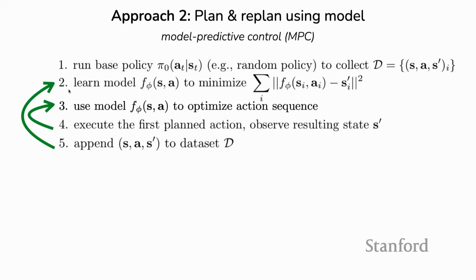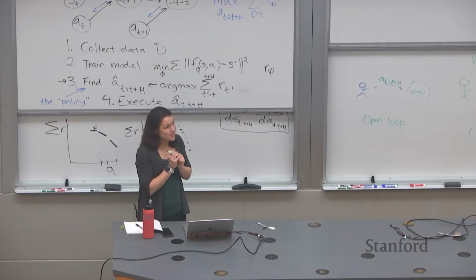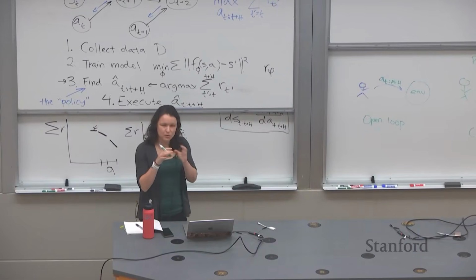This algorithm right here is something called model predictive control. It's very, very common in certain robotic systems, very widely used. It's also used in other simple control systems as well, where you can model lower dimensional systems.